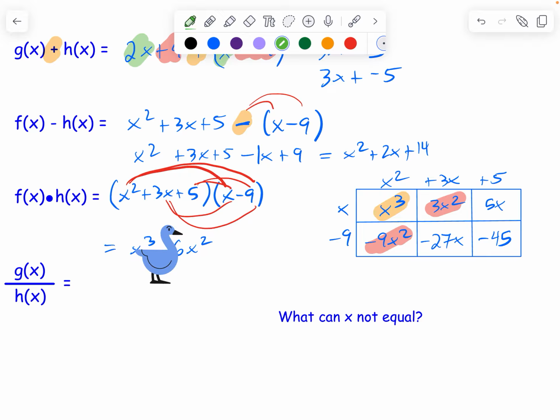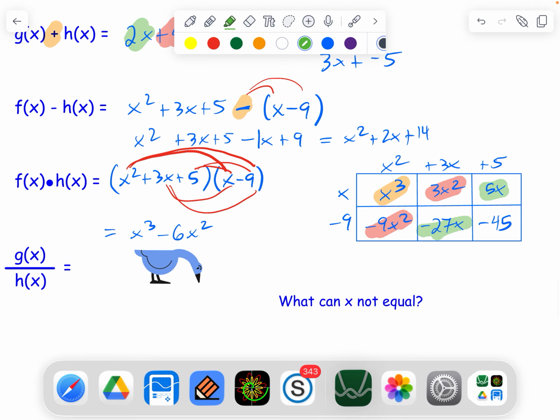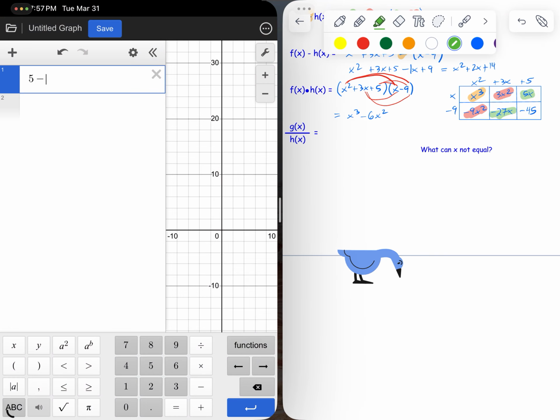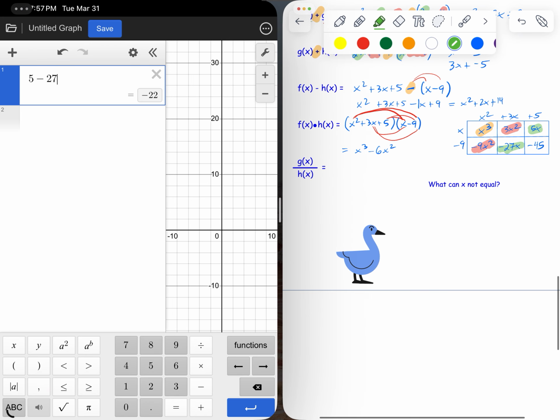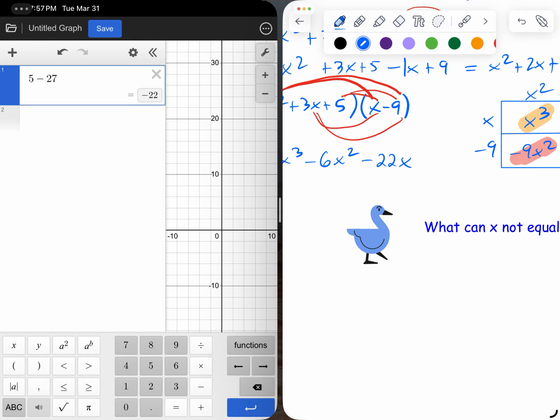Continuing over, I have 5x. It's going to be 5x with negative 27x. 5 minus 27. Okay, negative 22. So minus 22x.